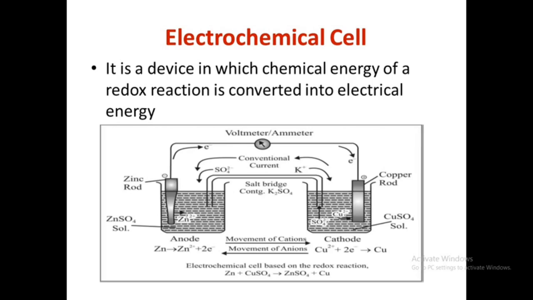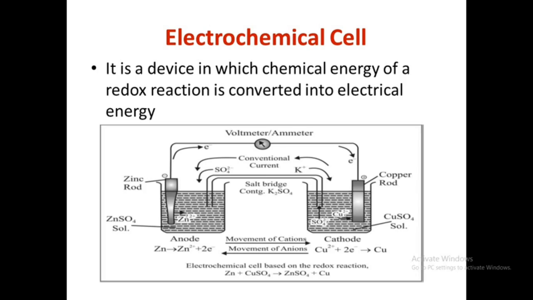After that, let us discuss the electrochemical cell. To convert one form of energy to another form, a device is always necessary. That means by using a device we can convert one form of energy into another form.